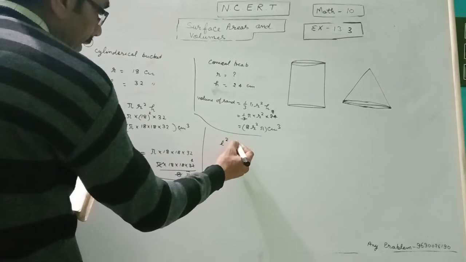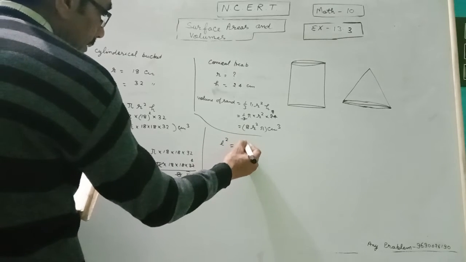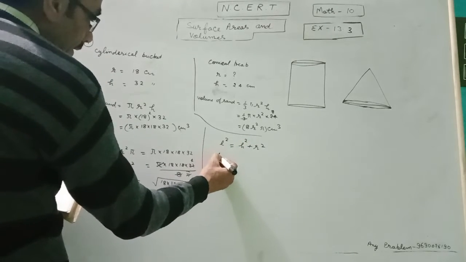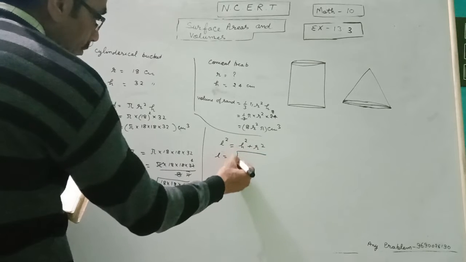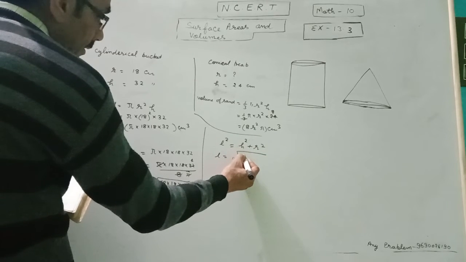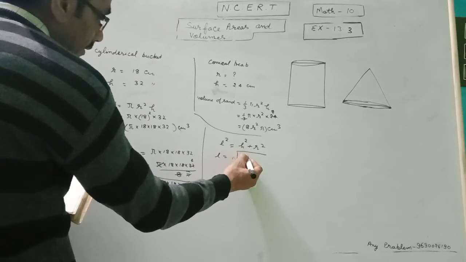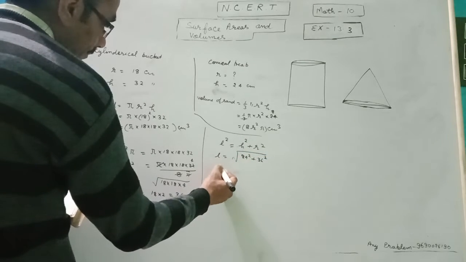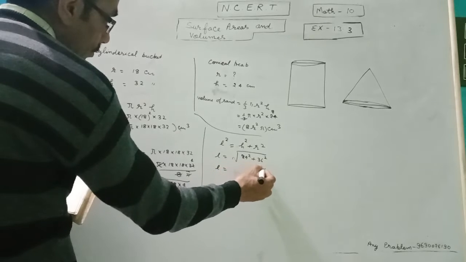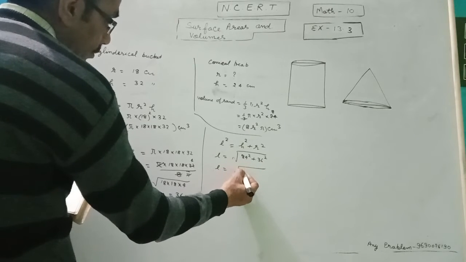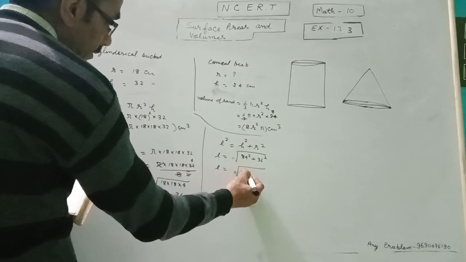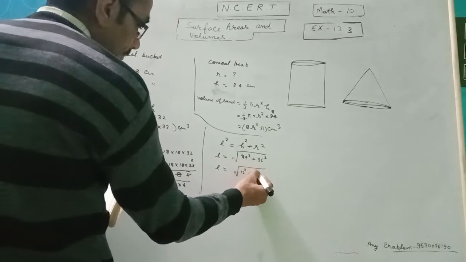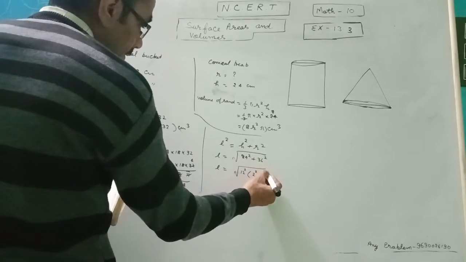To find the slant height, the formula is l equals under root h square plus r square. l is equal to under root 24 square plus 36 square. l is equal to, 12 square is common, under root 2 square plus 3 square.